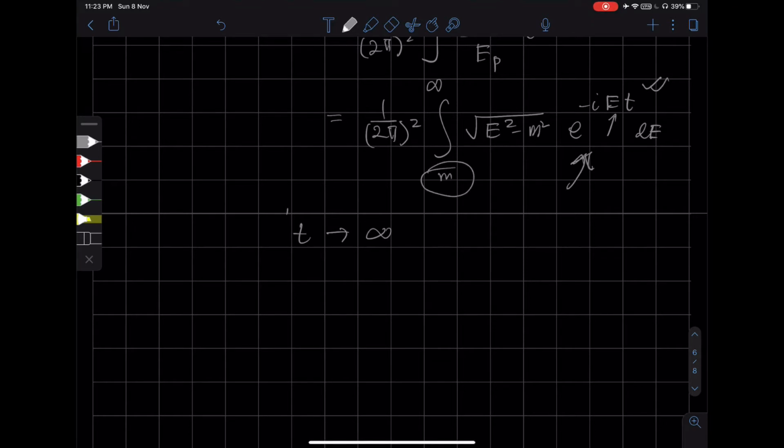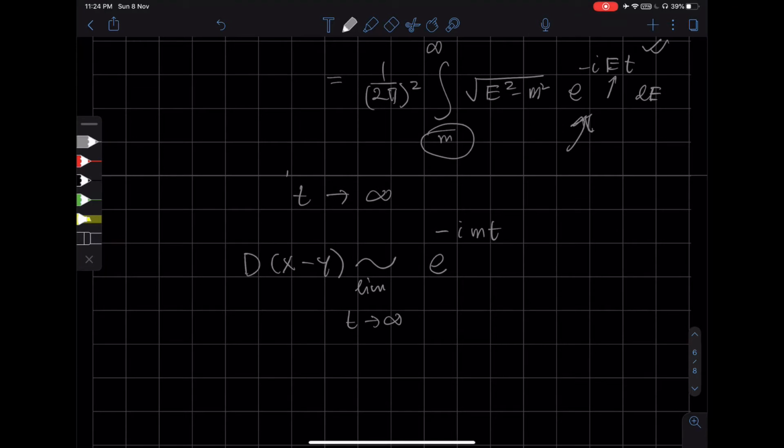Therefore, in the limit where t goes to infinity, the asymptotic limit of this integral will be given by e to the power minus i m t, which we see is oscillatory, which is of course something we expected because our separation is time-like. So we want signals to propagate like waves.